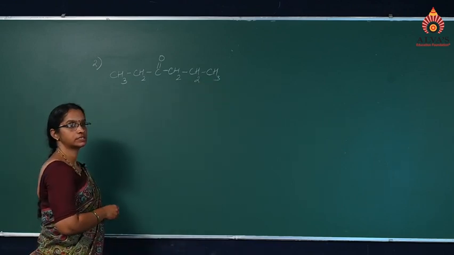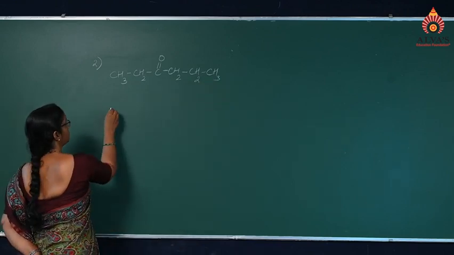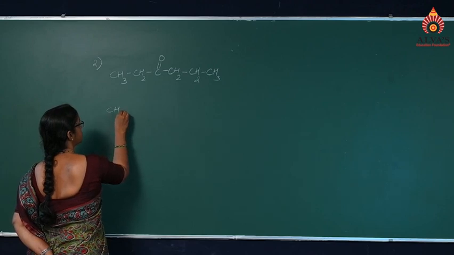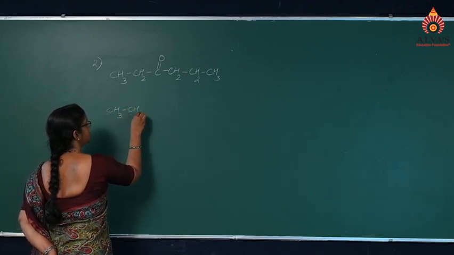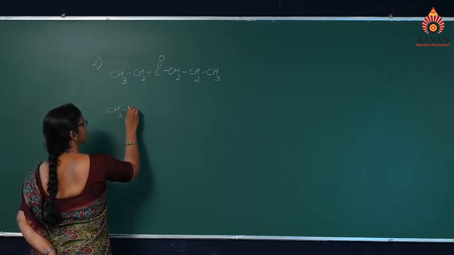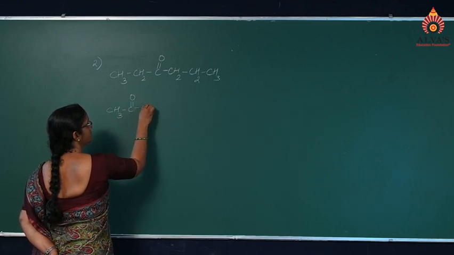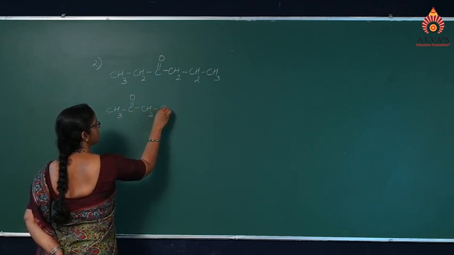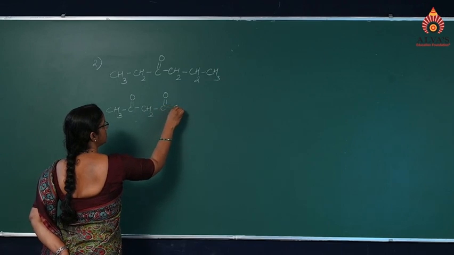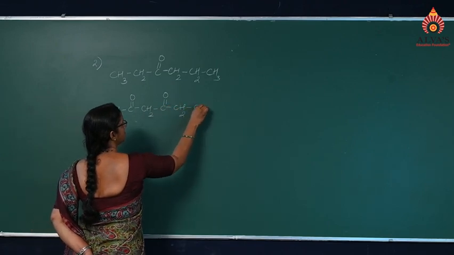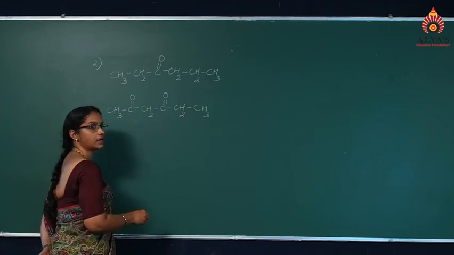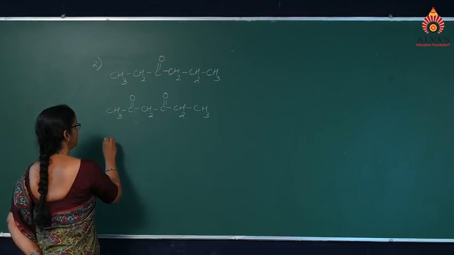Second compound is 2,4-hexanedione. So it is CH3, C=O, CH2, C=O, CH2, CH3. Third one is 2,5-hexanedione.